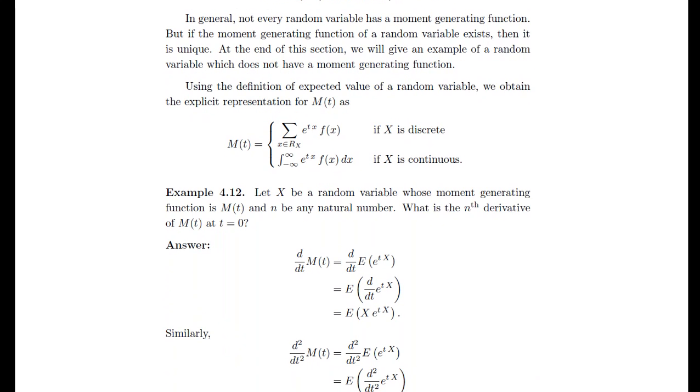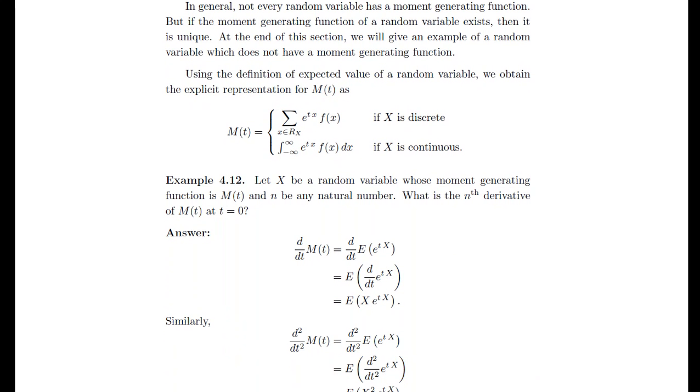For example, let x be a random variable whose moment generating function is M(t), and n be any natural number. What is the nth derivative of M(t) at t equal to 0? The answer is: the first derivative d over dt of M(t) is equal to d over dt of the expected value of e to the power tx.